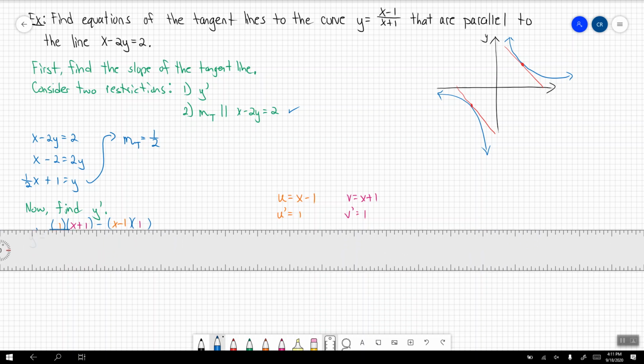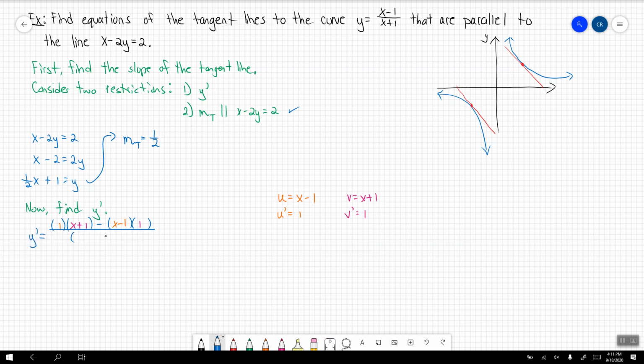All this is going to be divided by the function at the bottom squared, and that bottom function was x plus 1.